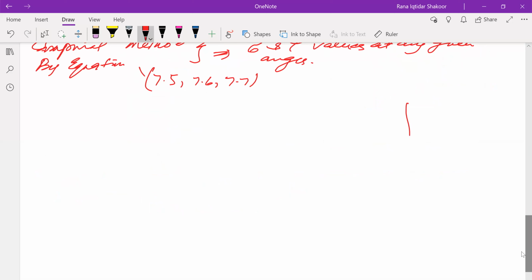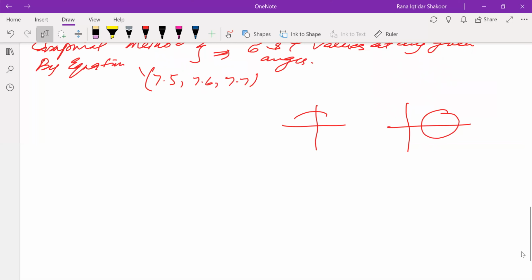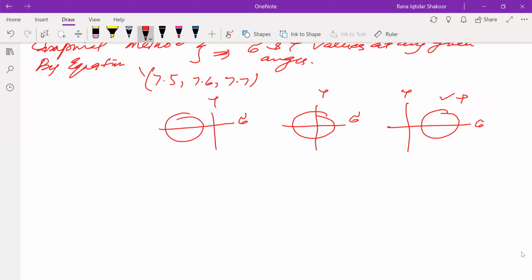For example, one circle could be like this, another circle could be like this. This will all depend on what the values are. Here all sigma values are positive, so it means it is tensile. This one is partially tensile, partially compressive, and this one is all compressive.